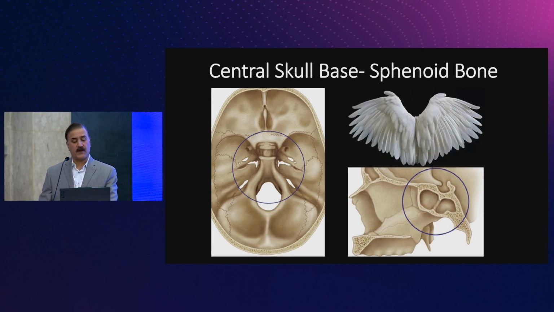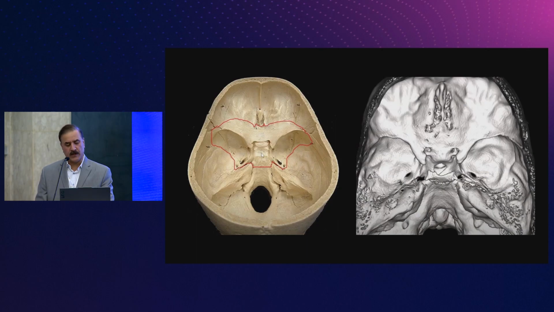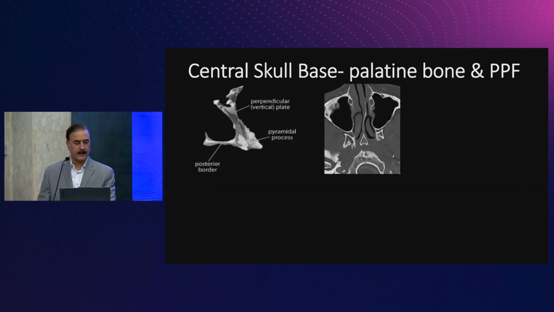Here you can see very nicely that it is almost bat shaped in this skeleton. We can do the 3D volumetric reconstructions, and we can see the clinoid processes, greater wing of the sphenoid, the foramina of the skull base very nicely. So that's the sphenoid bone.